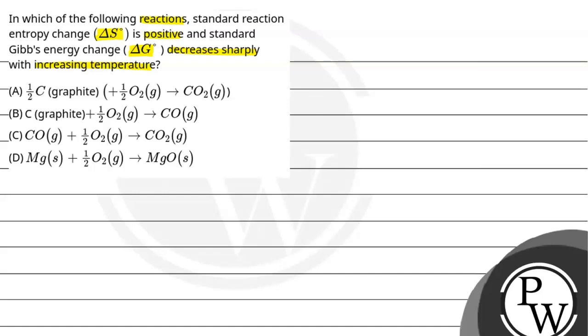So let's first understand the key concept involved in this question. The key concept is that first we have to know the relationship between delta G naught, that is standard Gibbs free energy change, delta S naught and temperature.